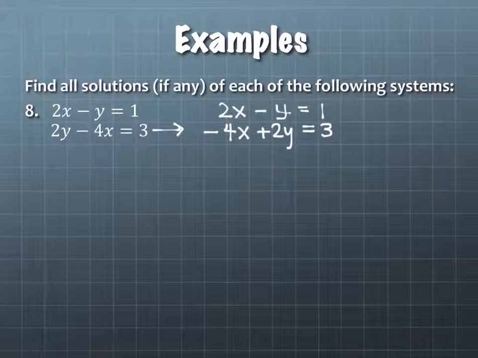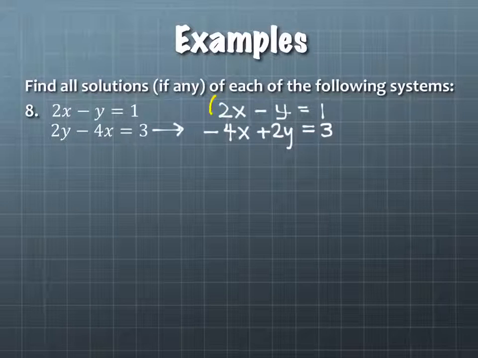Now I have to find suitable numbers that I can multiply one or both equations by so that when I add them together, I get the right thing. Let's just try to get rid of the x's. They're opposite signs already, correct? So what would I need to multiply, and by which equation? The top equation by 2.